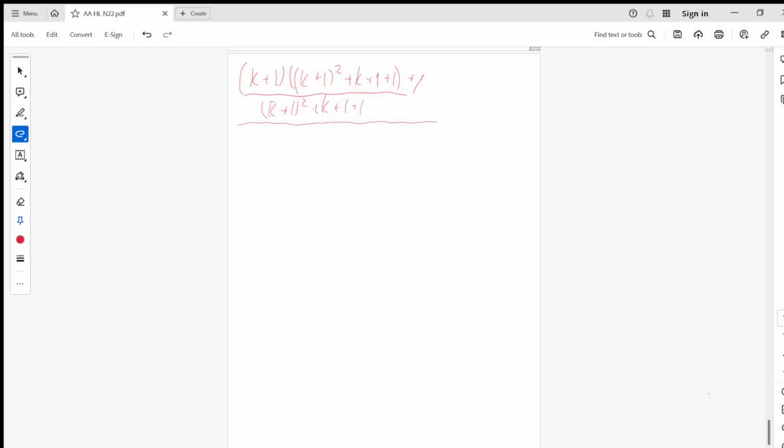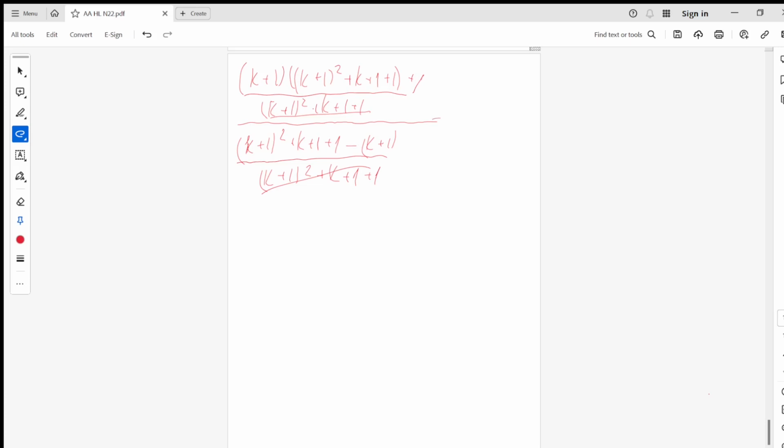It's a numerator, and in the denominator we're going to get k plus 1 squared plus k plus 1 plus 1 minus k plus 1, and it's divided by k plus 1 squared plus k plus 1 plus 1.